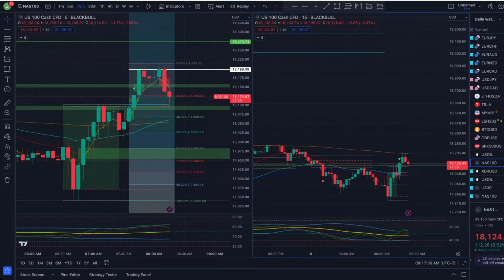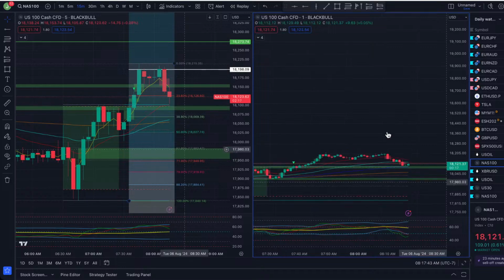This would be a good area for the entry. But again, we want to drop down. We want to make sure we have all the right confluence.